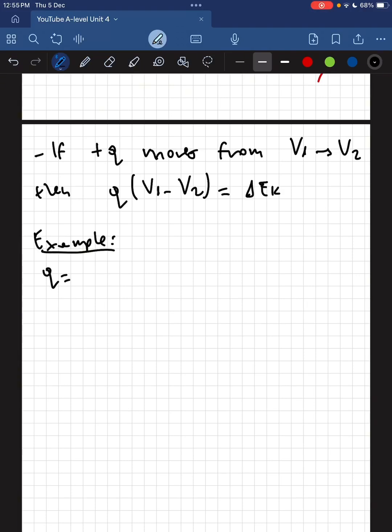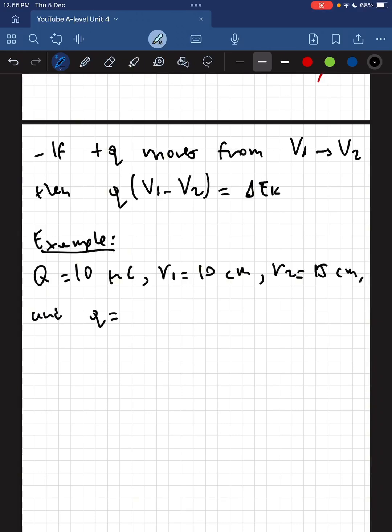I have Q equal to 10 microcoulombs. R1 is 10 centimeters. R2 is 15 centimeters. Actually, this is my big Q, sorry. And my positive test charge is equal to 1.6 times 10 to the negative 19 coulombs, which is plus e. Then, as we said, Q times (V1 minus V2) is equal to the kinetic energy.